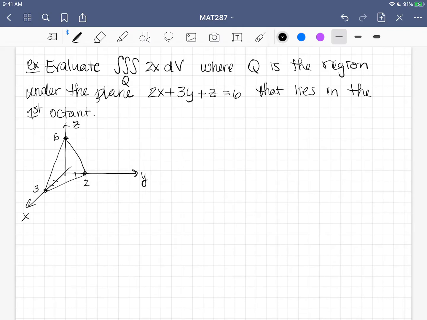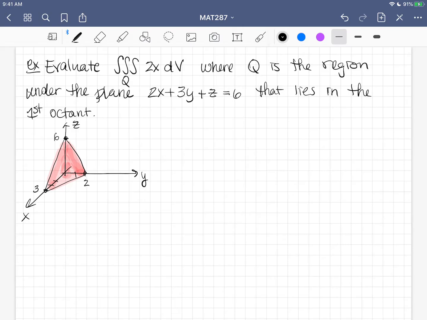So Q is the solid bounded by the plane 2x + 3y + z = 6, and also by each of the coordinate planes: the xy plane, the xz plane, and the yz plane.